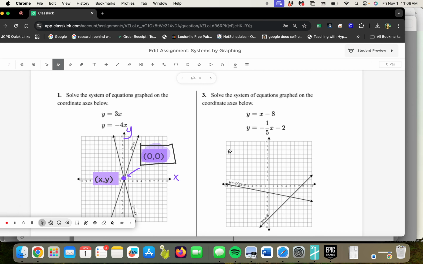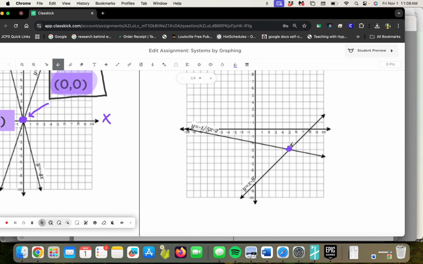Okay, if you would please pause the video and try number 3 on your own, and then restart the video when you are ready to check your answer. I'm going to go ahead and zoom in here on number 3.